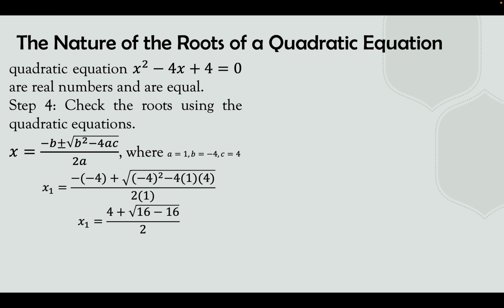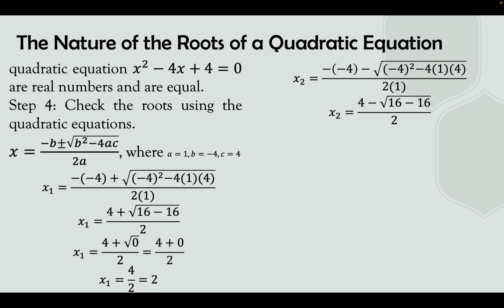We have positive 4 plus negative 4 squared is positive 16, and negative 4 times 1 times 4 is negative 16, over 2. So we have 4 plus square root of 0 over 2, so that is 4 plus 0 over 2. Our x sub 1 is 4 over 2, that is 2.